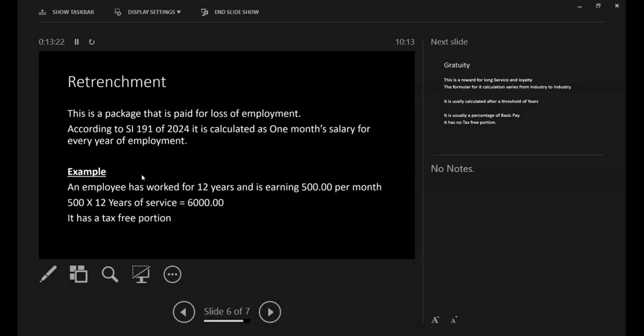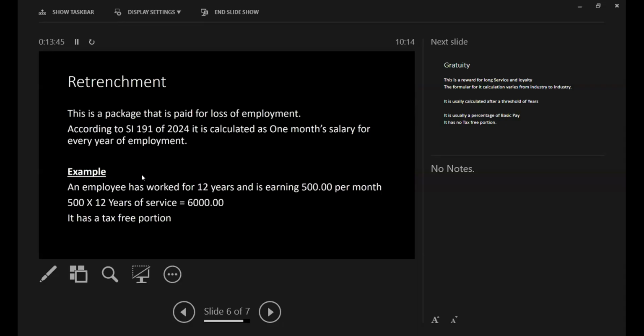Now, it is also very important for us to take note that a retrenchment package has a tax-free portion, meaning that it is not wholly taxable, but part of the retrenchment is tax-free. I think I've done a Zoom session on retrenchment on its own, and we've also looked at the computation of the tax-free portion.